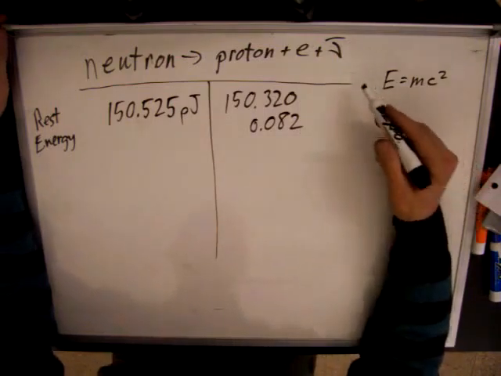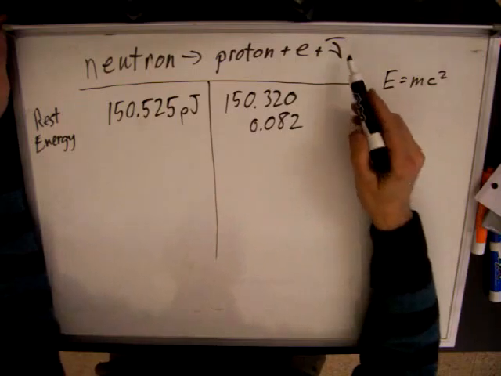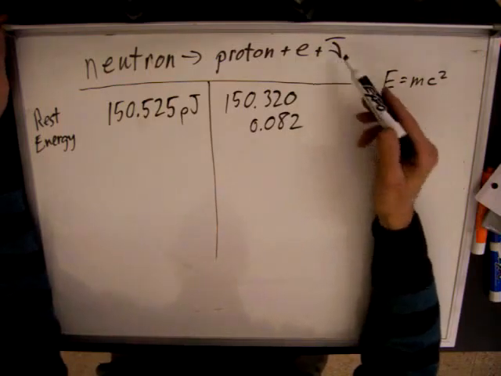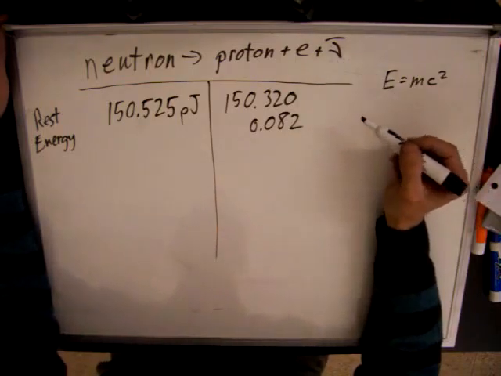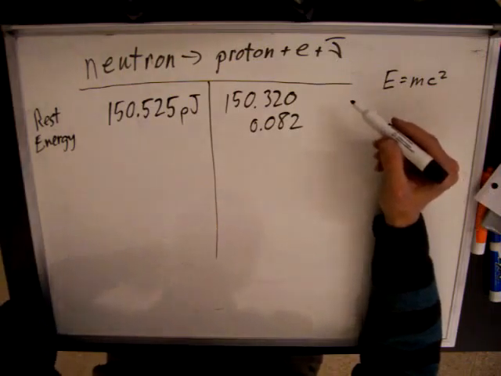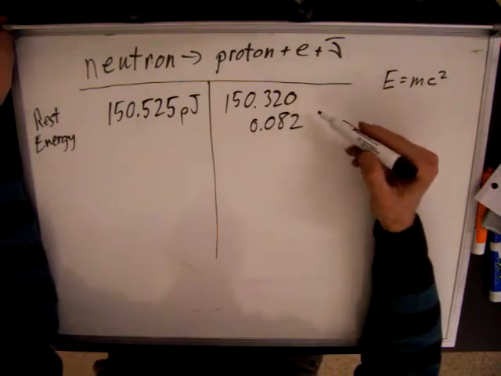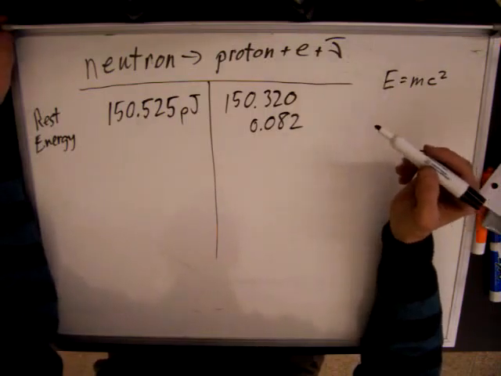Now it turns out the neutrino's rest energy is not precisely 0, but actually it's incredibly small, way smaller than an electron, and it's so small that we don't actually know what it is. But for our calculations, we're going to use 0 for the neutrino rest energy.